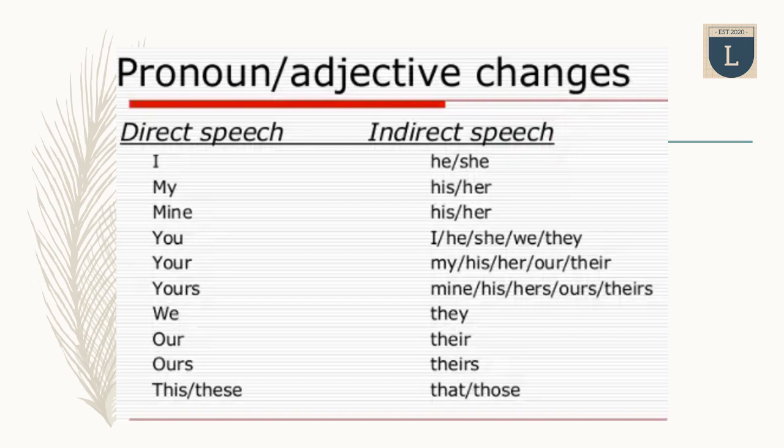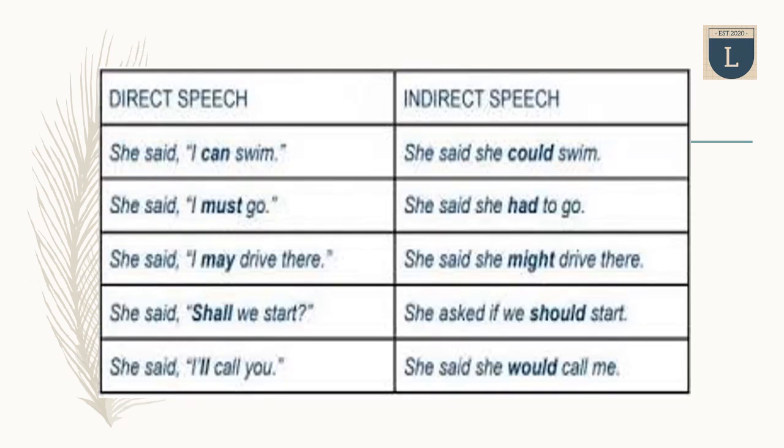Again, yours, mine, his, hers, ours, theirs. We becomes they, our becomes their, ours becomes theirs. This or these become that or those. As we discussed, can becomes could, shall becomes should, will becomes would, may becomes might.